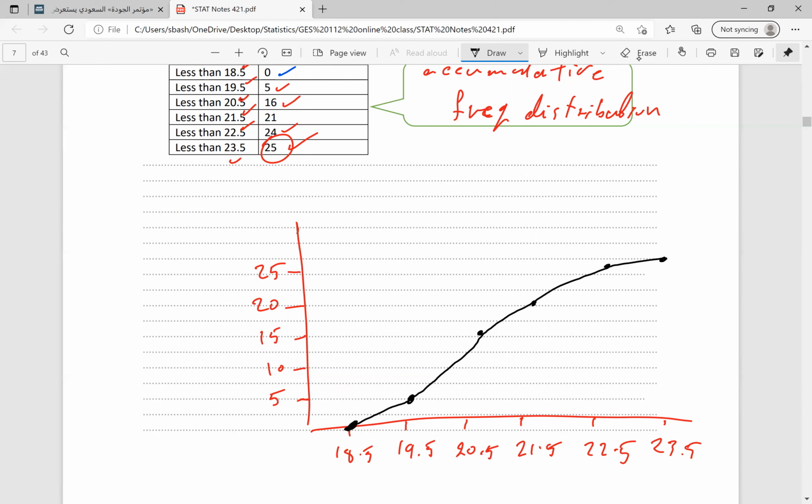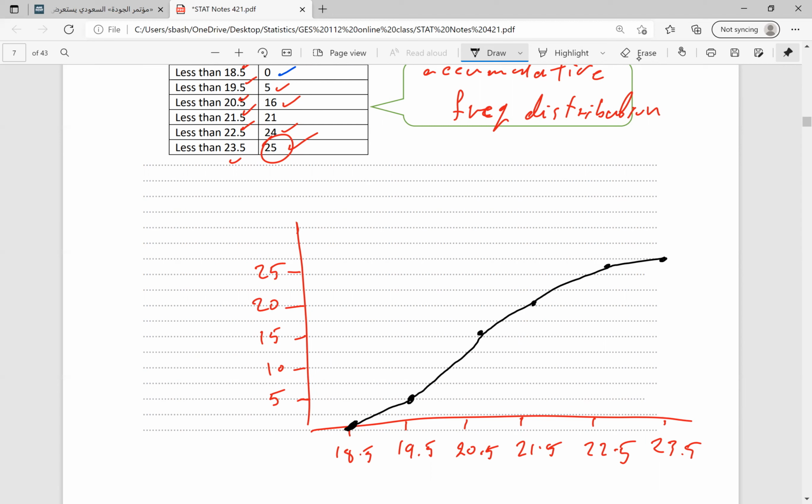So we have discussed the 3 types of graphs in this part. The histogram, where we use continuous vertical bars, with the class boundaries on the horizontal axis and the frequencies on the vertical axis.